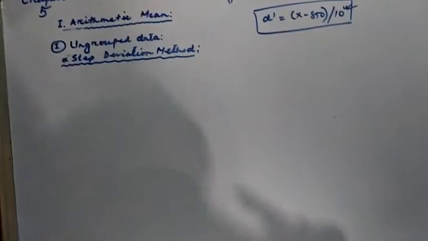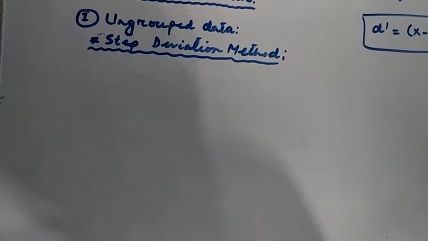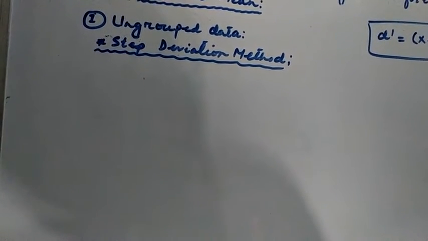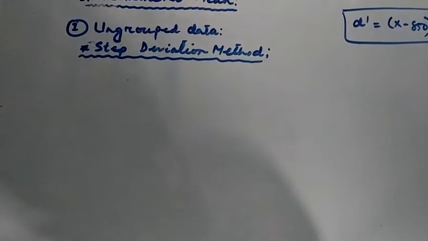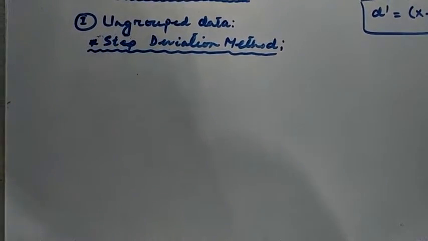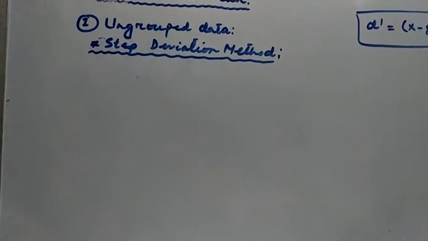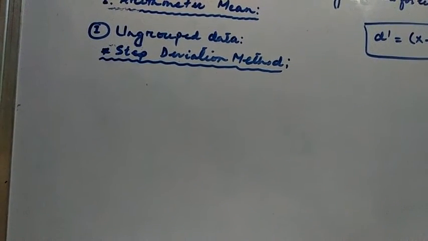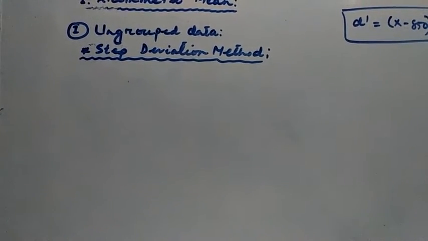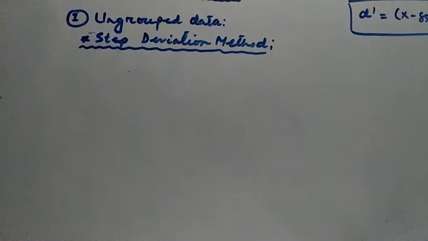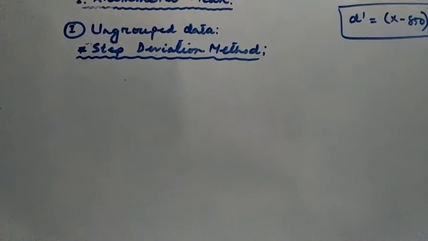If you want the calculations to be more simplified, you can do so by dividing all the deviations taken from the assumed mean by the common factor C.